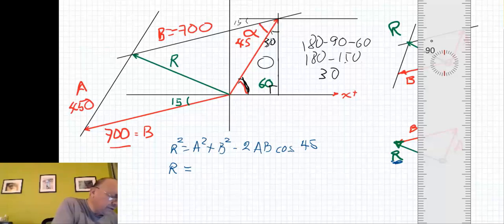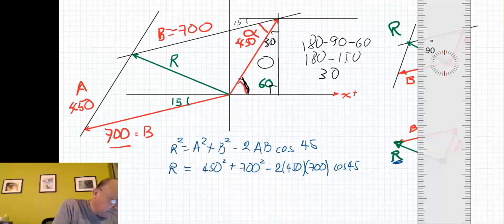A is 450. 450 squared plus 700 squared minus 2 times 450 times 700 cosine 45. Okay. Oh, the square root of that, right? The square root of that, to the 1/2.